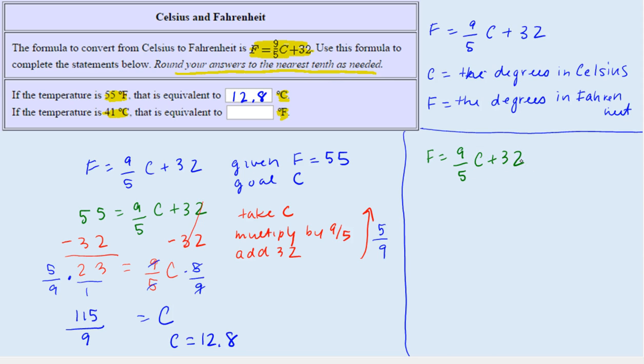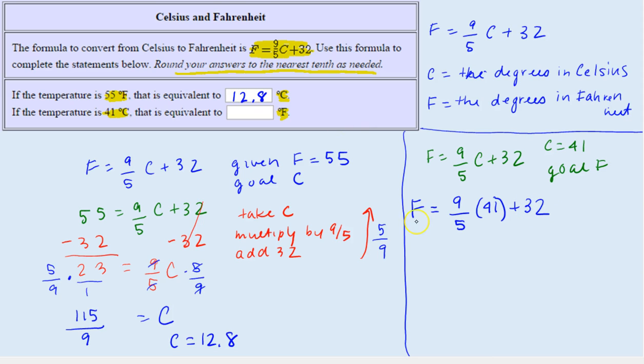But in this case, we're given C equals 41, and we want to find the corresponding F value, or Fahrenheit value. So we're going to replace C with 41. So F equals 9/5. Replace C with 41 in parentheses. These are being multiplied, plus 32.